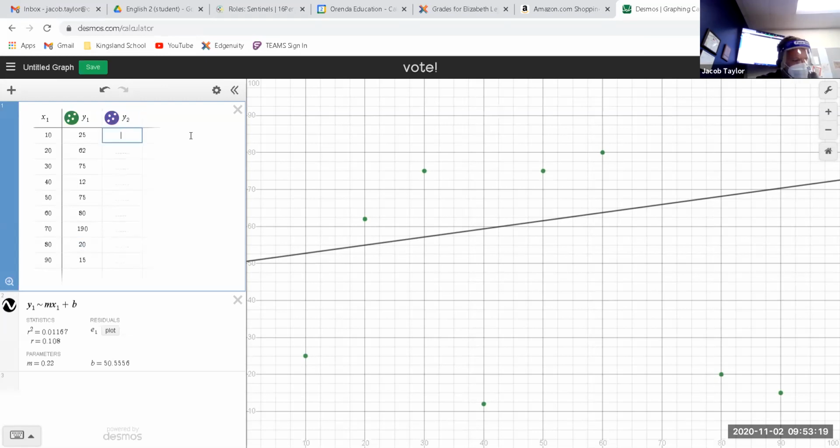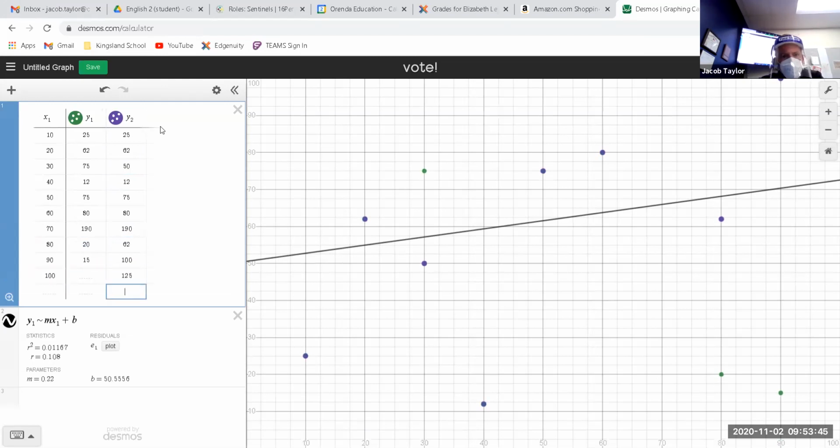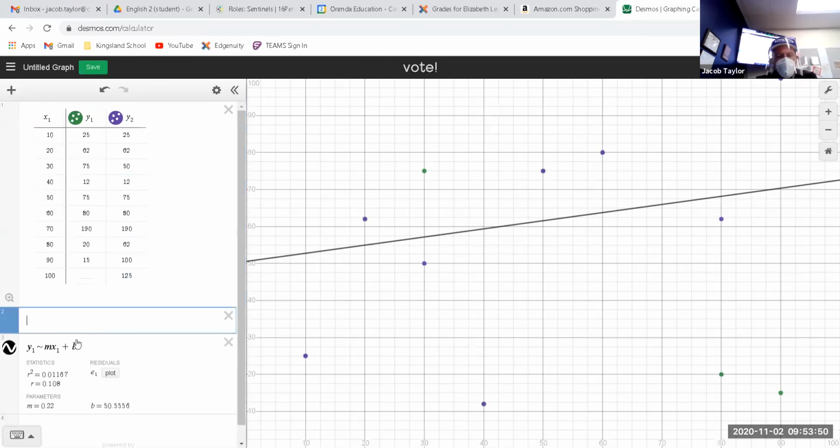Okay, let's try a moderate correlation. I'm going to keep the same x values, but I'm going to make a new list of y values here. Okay, and we can add another expression for y2.